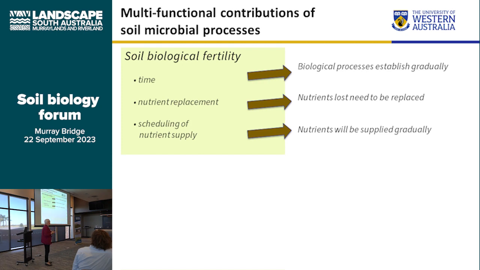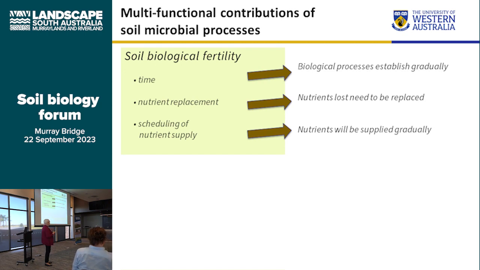So if you're going to have a focus on the biological component, you can override that pretty much by adding a lot of fertiliser. Some of the nutrient-related processes that microbes contribute in soil, for example, can be overridden by just adding fertiliser and not taking account of an additional benefit from the organisms.